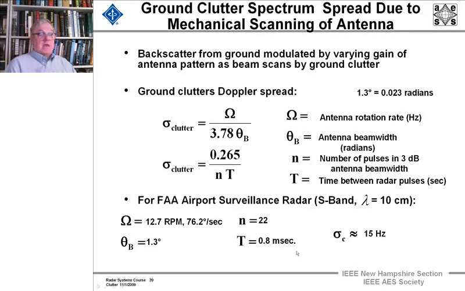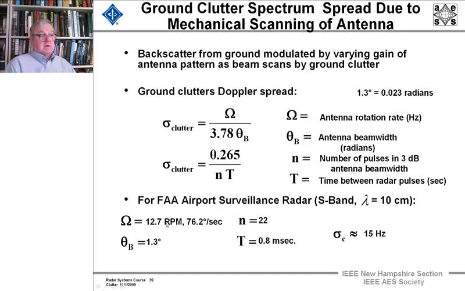For that FAA airport surveillance radar with a wavelength of 10 centimeters that rotates at 12.7 RPM, with a 1.3 degree beam width, 22 pulses will hit the target within the 3 dB beam width, and the time between pulses is about 0.8 milliseconds. The spread in the clutter is about 15 hertz.